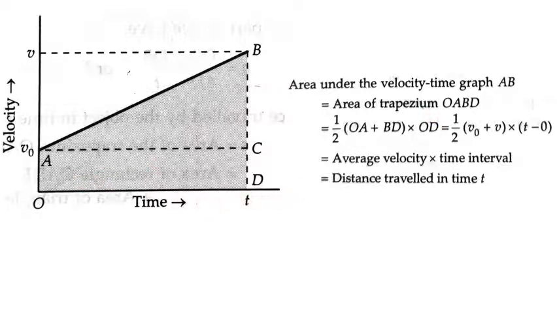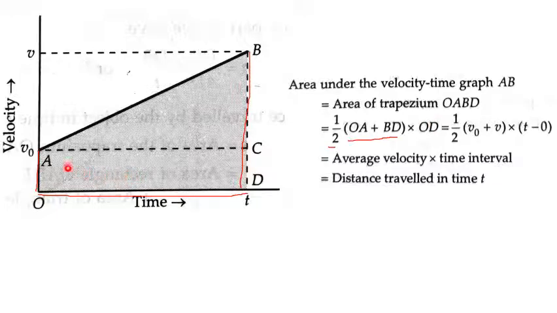Now this one and this one represent your parallel sides, so half of OA plus BD, the sum of parallel sides, times the height of the trapezium, which is represented by OD. So half of OA plus BD times OD.